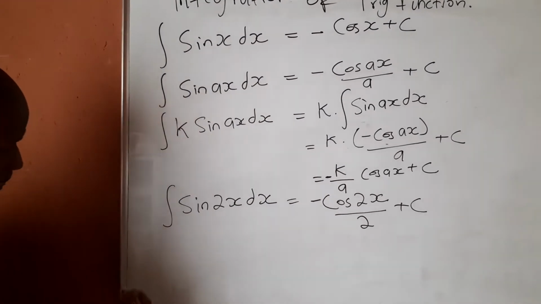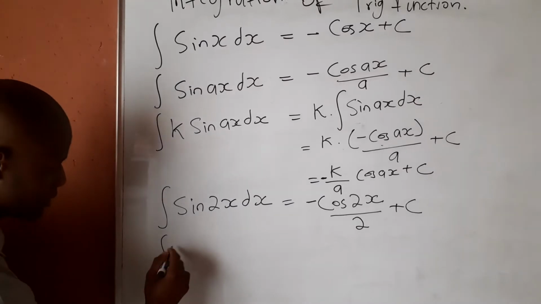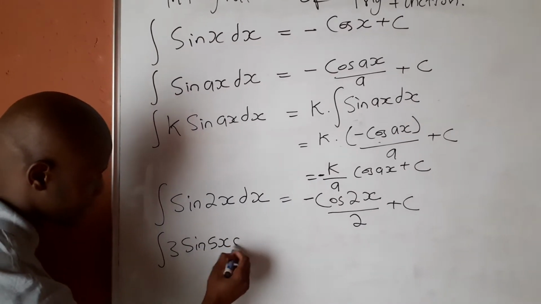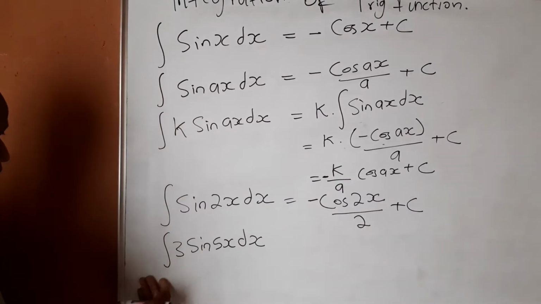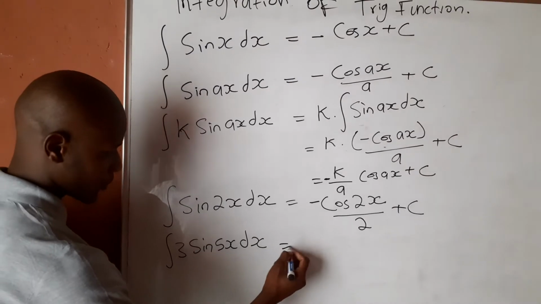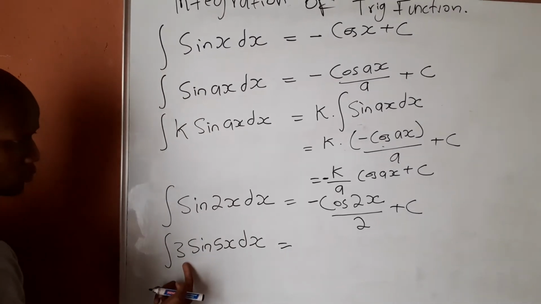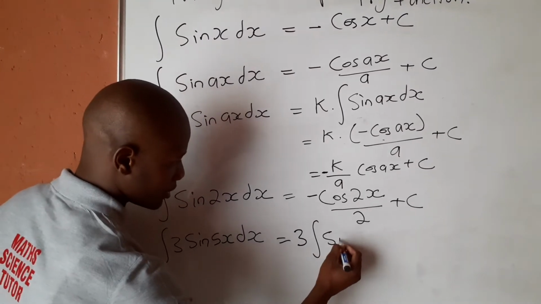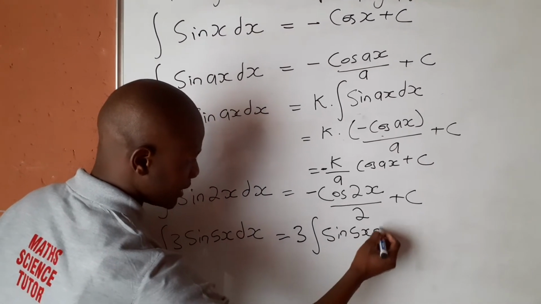Another example, integrate 3 sine 5x dx. We're taking 3 out as a common factor. It's going to be 3 times the integral of sine 5x dx.